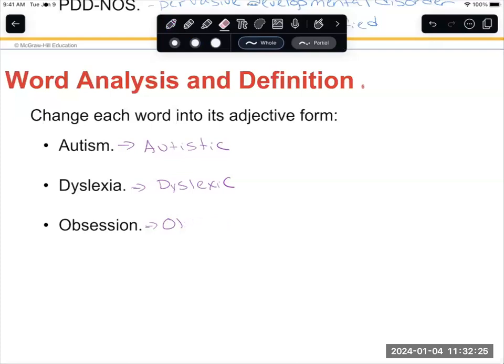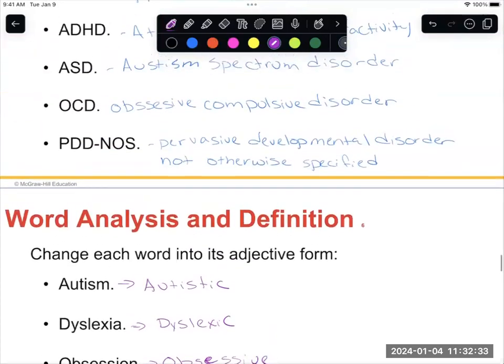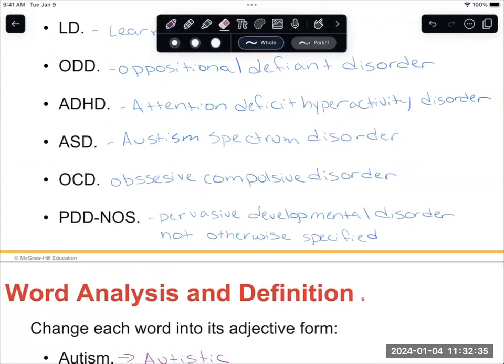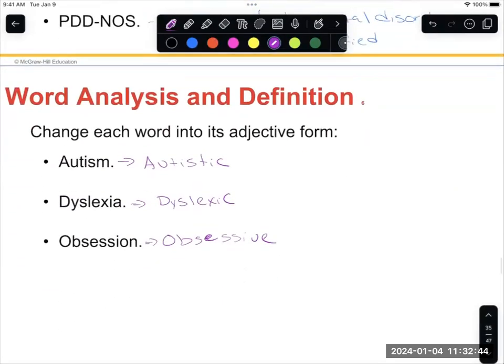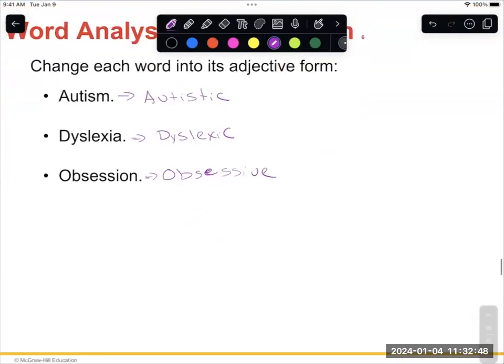I think I spelled that wrong on the other page too. E-S-S-I-V-E. So let's fix my spelling up here then. Obsessive. There we go. Obsession becomes obsessive.